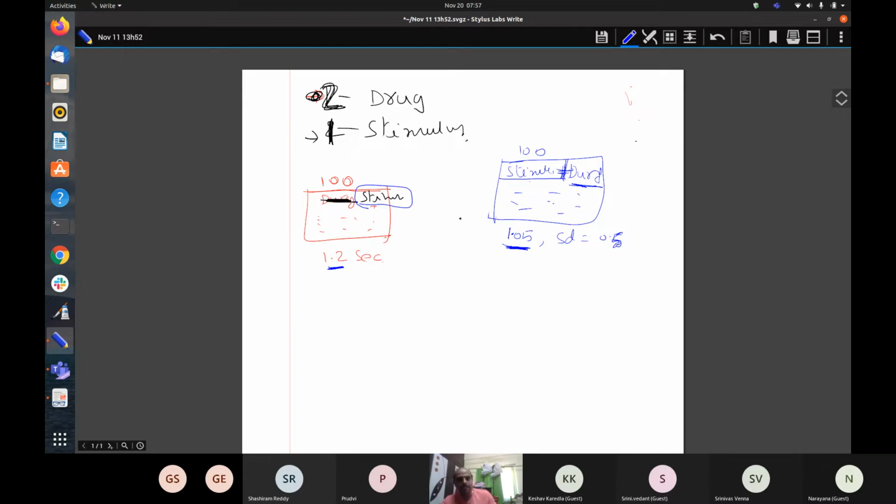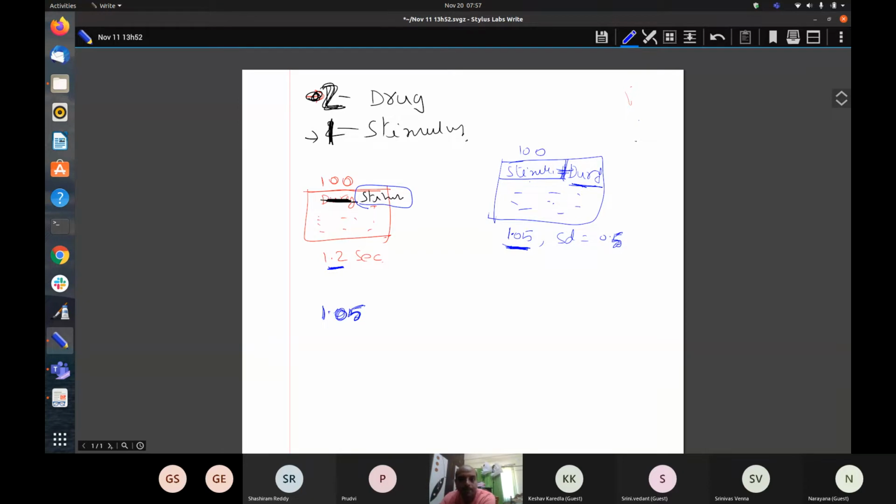So if I say drug has no effect, what I should get in this old environment, when you give only stimulus to 100 rats, is the mean response time should come 1.05.